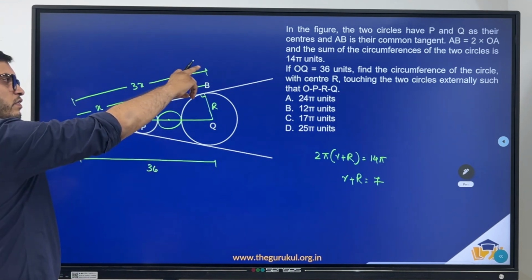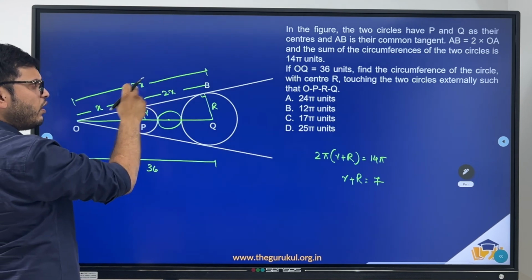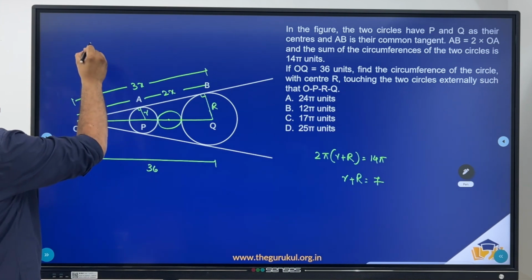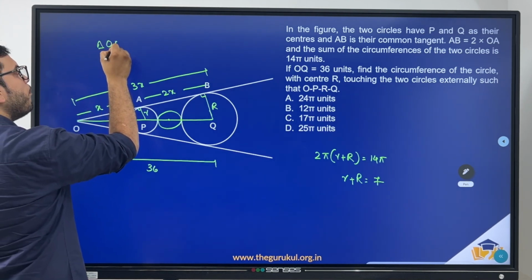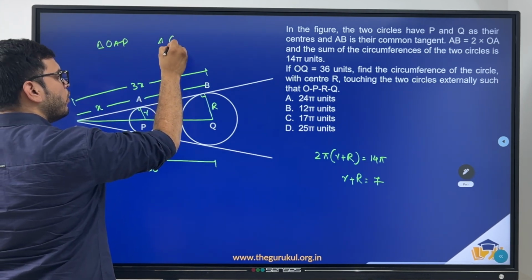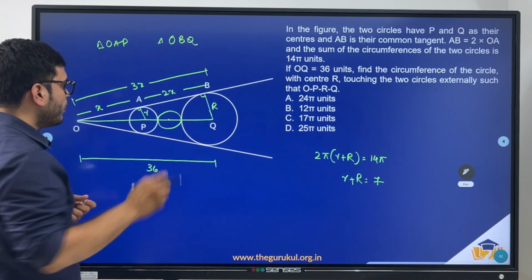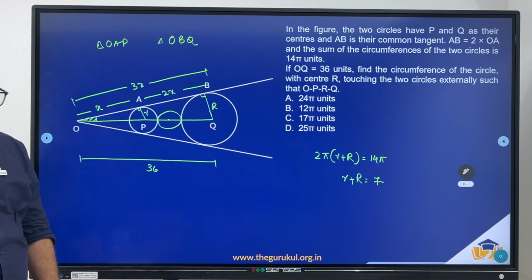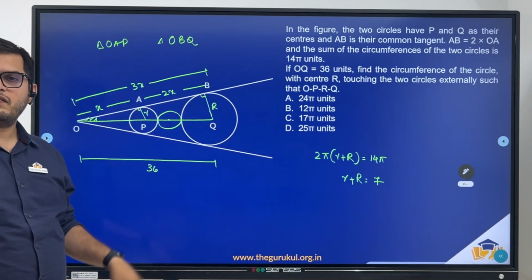Now this is 3x and this part is x, and if you observe, we have two triangles, triangle OAP and triangle OBQ, right? Now this is a common angle to both the triangles. This is 90 degrees, this is 90 degrees.